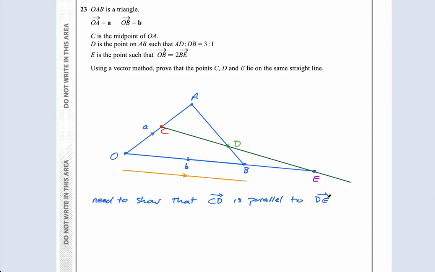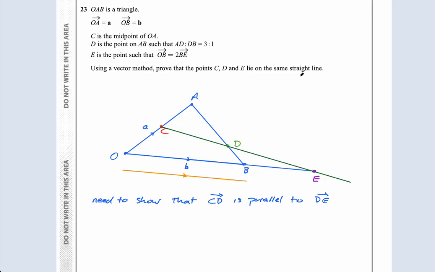If I can show that, then I have shown that they're on the straight line, because they both go through D, and if they're parallel, they're both going the same direction. So if they're going the same direction and they both pass through the same point, then they have to be on the same straight line, if that makes sense. Now, guys, this is a really, really hard vector question, just to let you know.